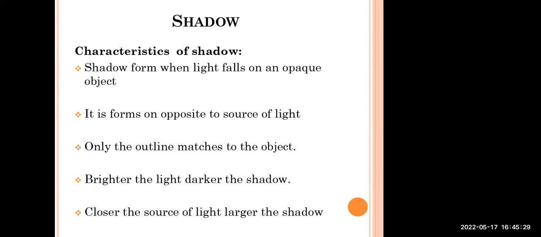So a shadow will always form on the opposite side of the source. Only the outline matches the object. As we have already seen, it will not give you the perfect dimensions. Brighter the light, darker will be the shadow. Okay.